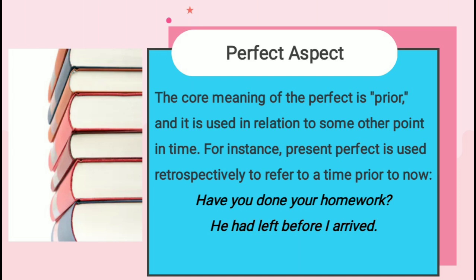The past perfect offers a retrospective point of view on some past time. The other example is: He had left before I arrived. The future perfect offers a retrospective point of view on some future time.